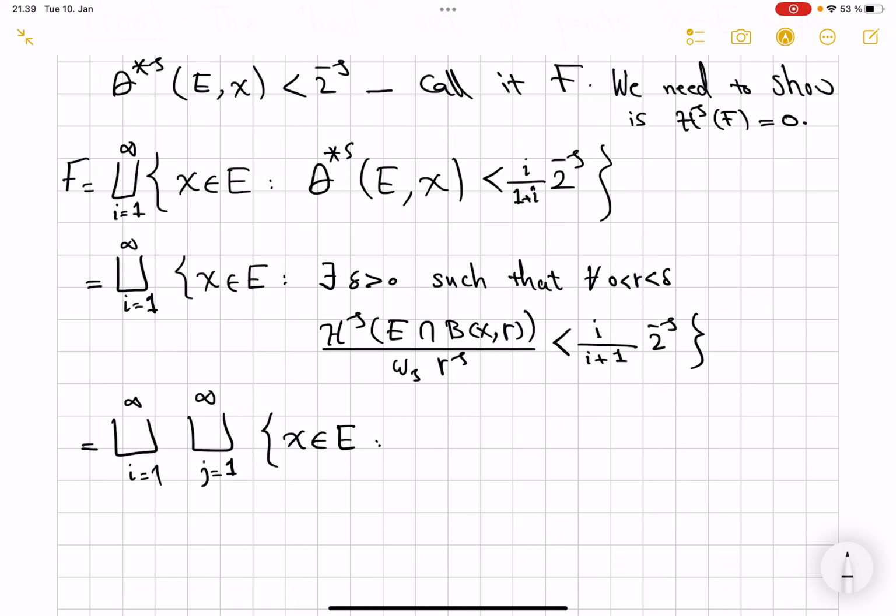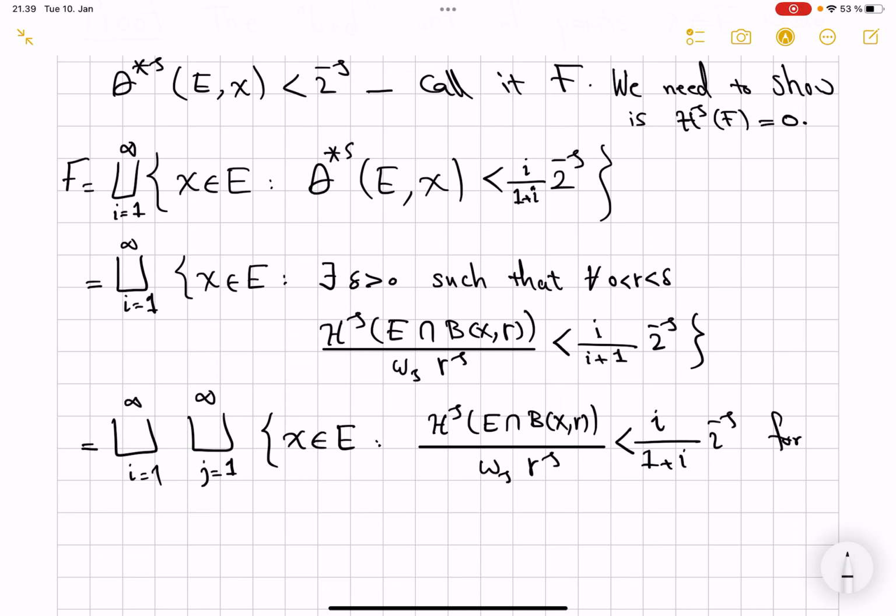So x is in E such that 1 over j is sufficient. So that will mean that H^s of E intersection with B(x,r), nothing new here, just the definition, is less than i over 1 plus i times 2 to the negative s for all radii less than 1 over j.